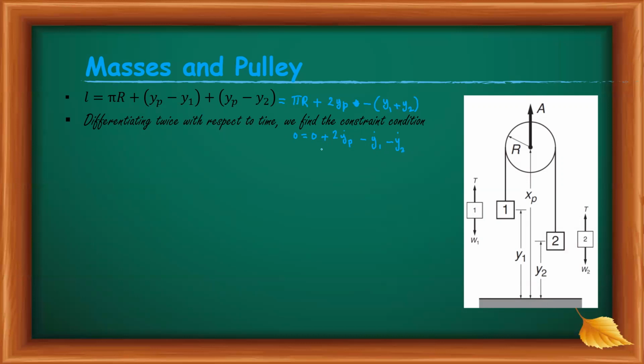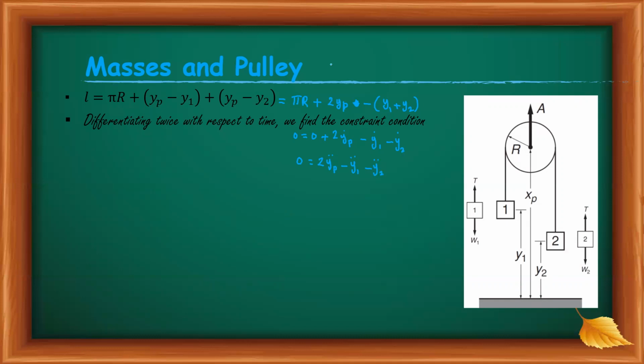Differentiating once more, we will get 0, which is also equal to 0. Then I write 2yp double dot minus y1 double dot minus y2 double dot.